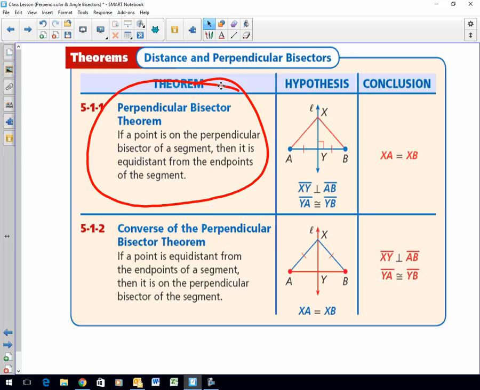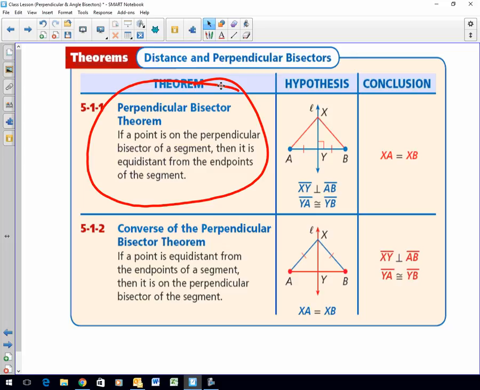What does a perpendicular bisector do to a segment? You know what a perpendicular angle is? What kind of angle is a perpendicular angle? Right angle. What does a bisector do to a segment?